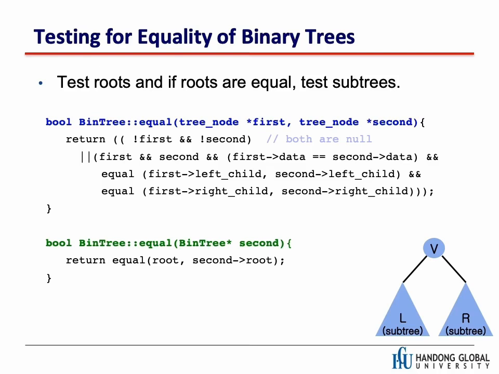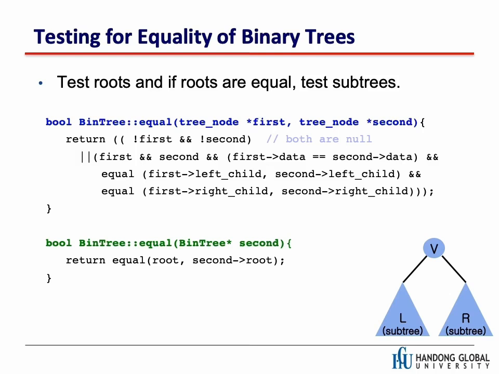In the green function implementation, when we call equal, this equal is actually the blue one. We pass two tree node pointers: root is a tree node pointer, and the second root is another tree node pointer. So this is function overloading. From the green function, we call the blue one.